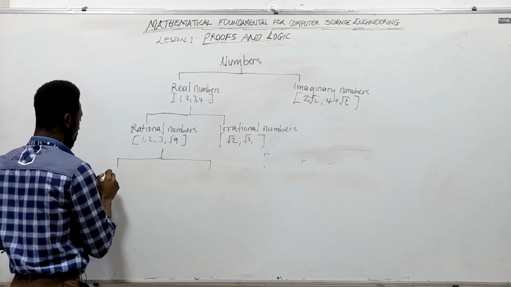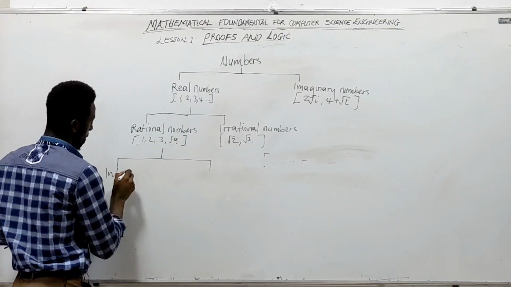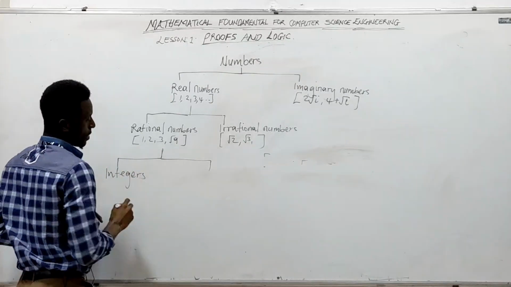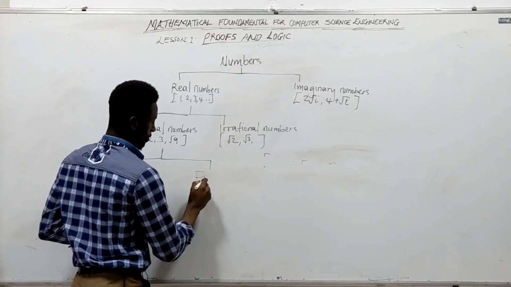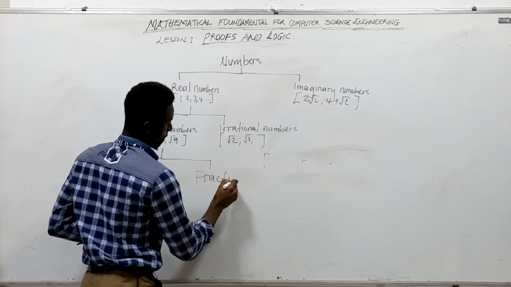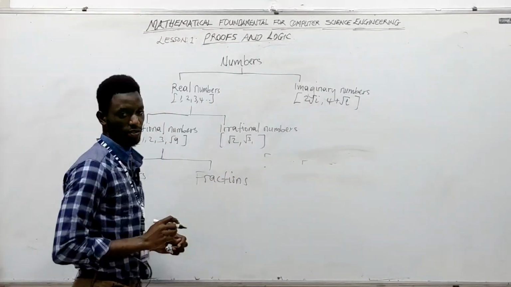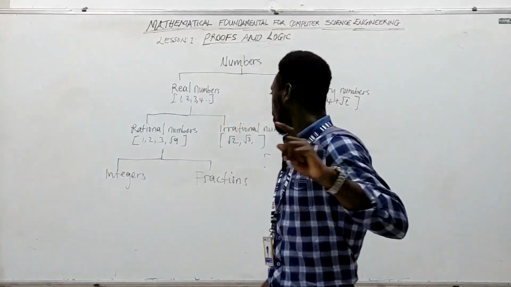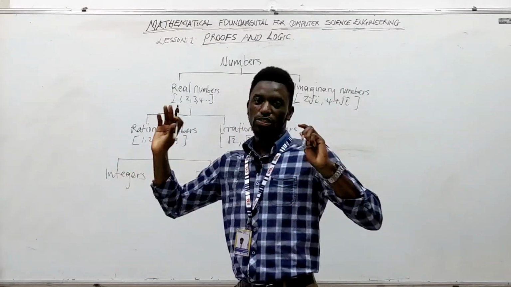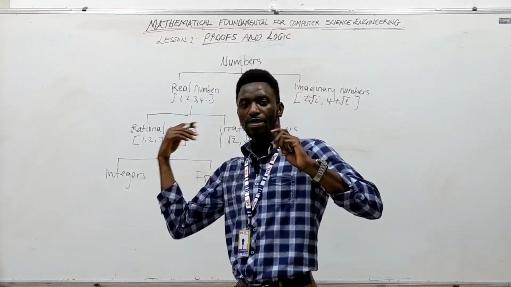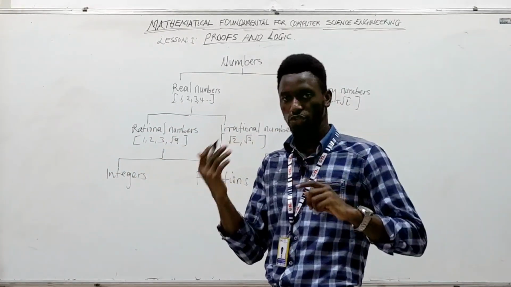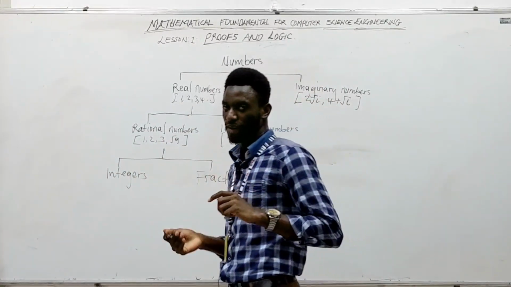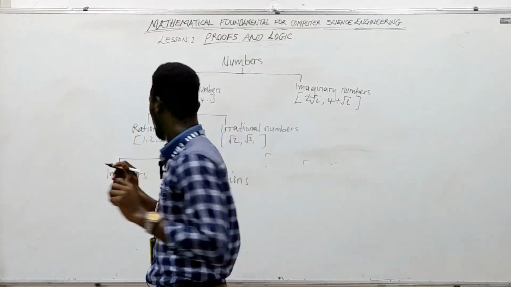So rational numbers again are divided into 2. Here we have integers and fractions. Integers are numbers that can be 0, 1, 2, 3, and negative values. A combination of 0, 1, 2, 3, and negative values. So all of them are integers.